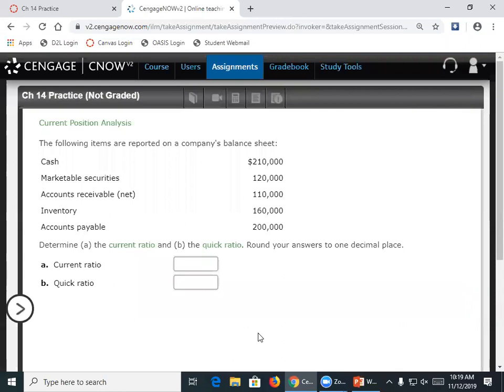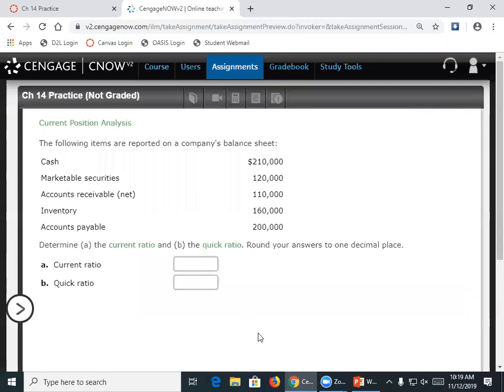Cash, marketable securities, accounts receivable, and inventory are all current assets. And our only current liability is accounts payable. Other current liabilities you may see might be short-term notes payable, wages payable, interest payable, stuff like that. But in this case, we just have accounts payable.